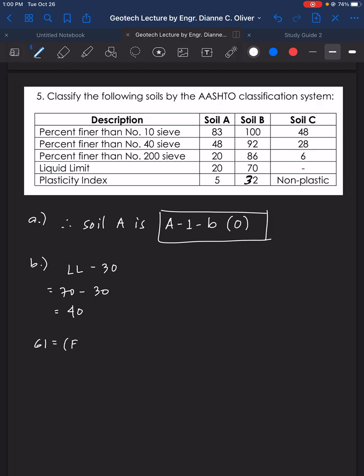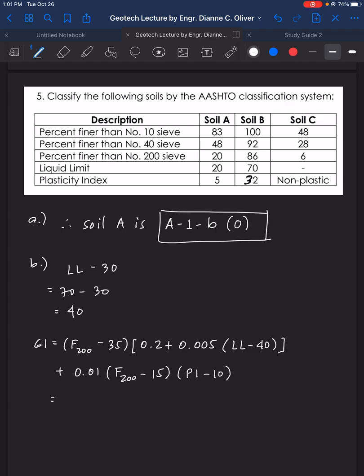That is F200 minus 35, then we have 0.2 plus 0.005 (LL minus 40) plus 0.01 (F200 minus 15), then we have here PI minus 10. So GI is equal to F200 of 86 minus 35.